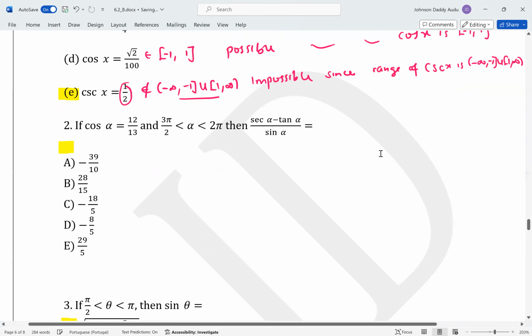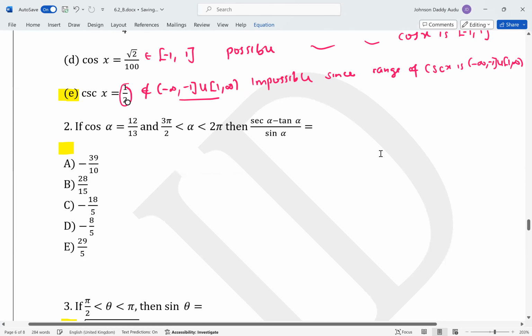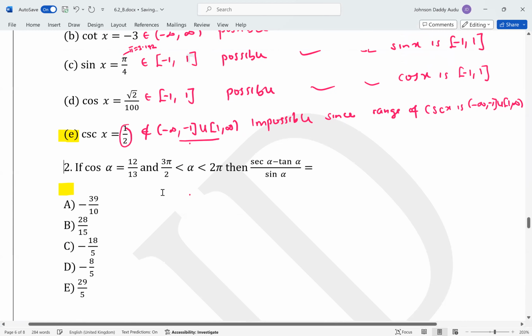All right, then number 2, we're dealing with cosine alpha is 12 over 13. And here you are given that alpha is in which quadrant? Alpha there is in the 4th quadrant, right? So we just need to go to the 4th quadrant.